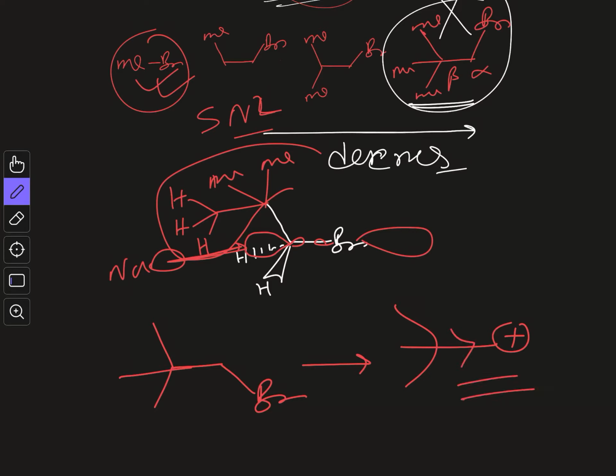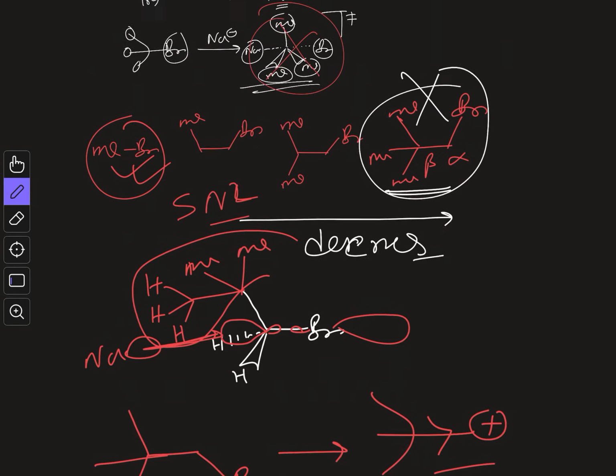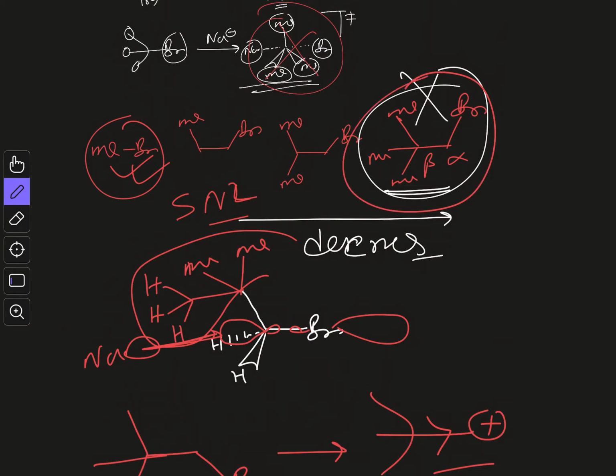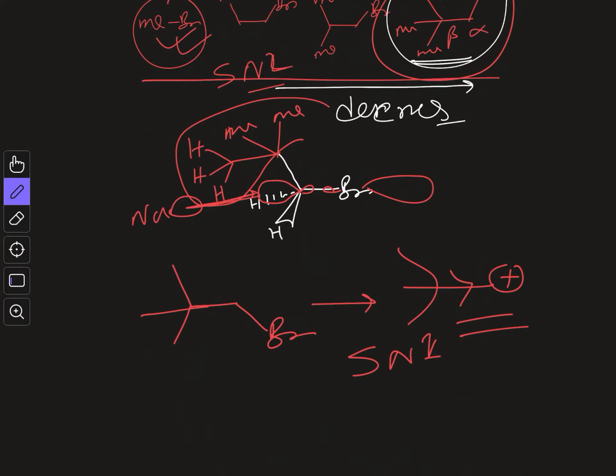So this carbocation is not stable, so that's why it will not give SN1 also. So this neopentyl substrate is bad for both SN1 and SN2, and here the electronic effect is very less prominent. The only effect is the steric effect. Because of the steric hindrance, this substrate is bad at SN2 reaction. So this comparison is very important and interesting.